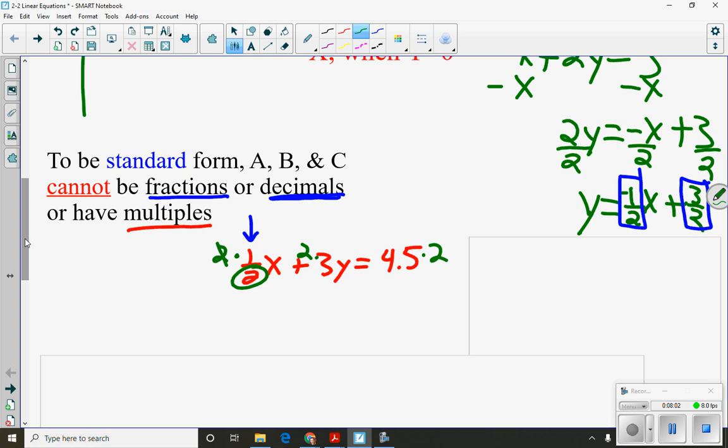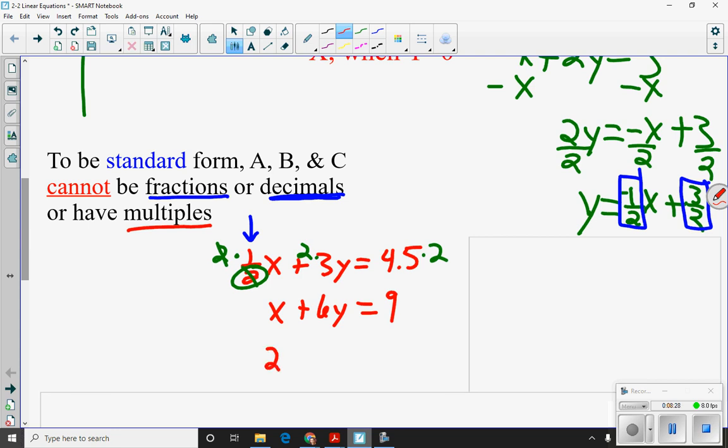So 2 halves is just 1 solid x. 2 times 3 is 6y equals 4.5 times 2 is 9. So x plus 6y equals 9 is the standard form of the exact same equation. What if these were all doubled? What if I doubled it again?